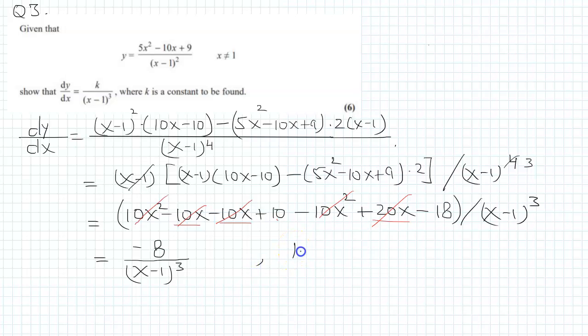So it means k is equal to −8, which is a constant. It was not a difficult question, it was an easy question, but you are supposed to be careful while calculating or multiplying these terms.